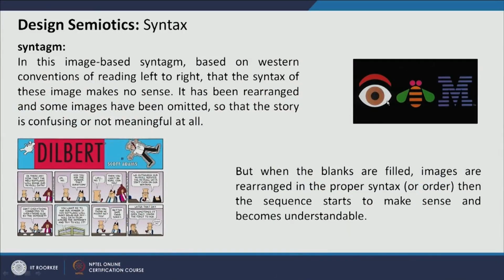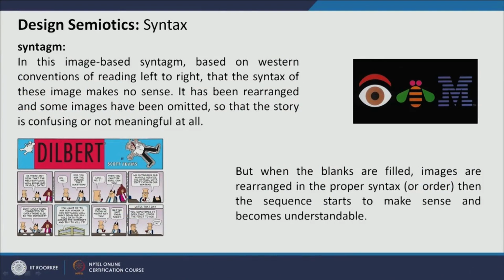But here, if we jumble up the three different elements, it doesn't read IBM. If the M comes here and the I comes there, it's BMI, which doesn't have an association with the brand IBM. So the sequence here is very important, and the meaning is dependent on that.